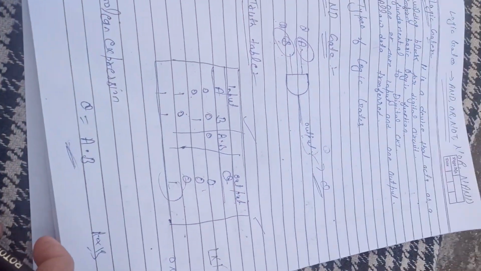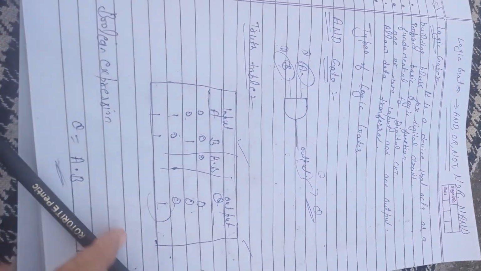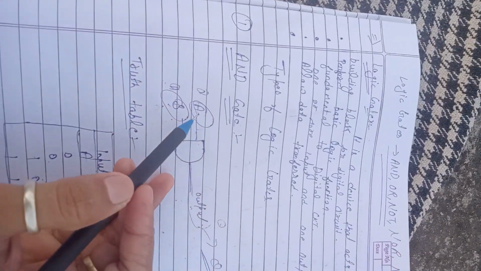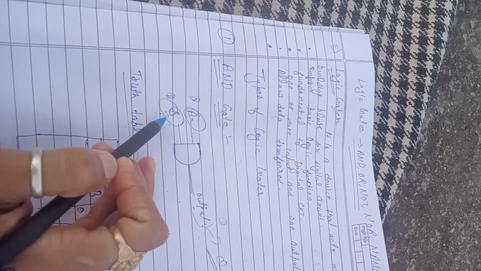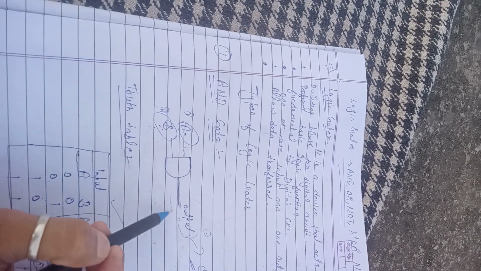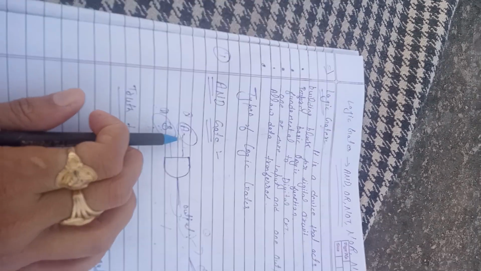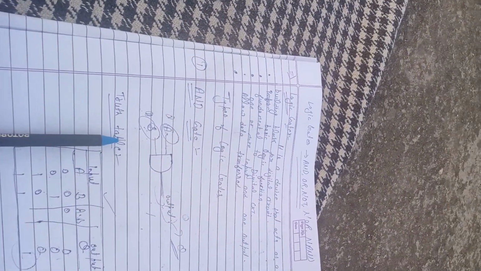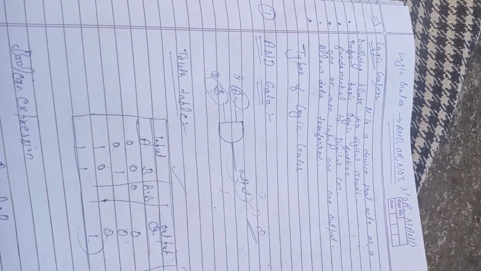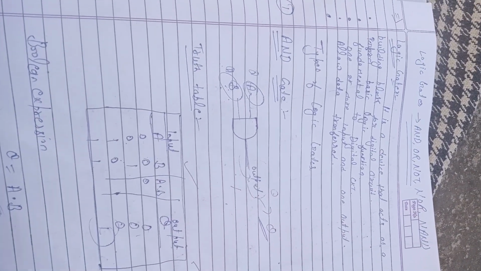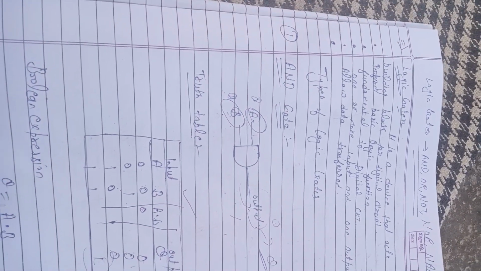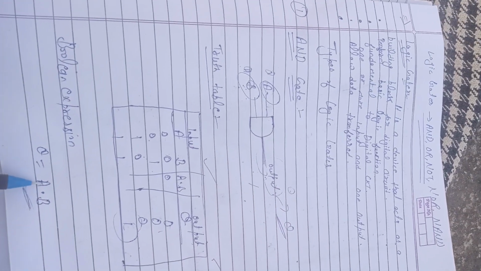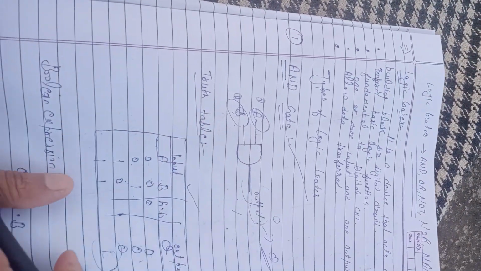So in the AND gate, when both inputs are switched on, both inputs are 1, then it gives the output 1. If any one input is 0, then the output is 0. The Boolean expression is A dot B. So this is the AND gate.